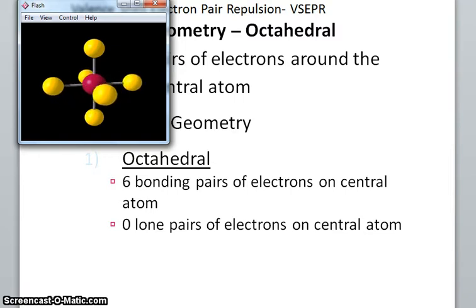And if we were to look, we've kind of got 4 sides on the top like a pyramid and 4 sides on the bottom like a pyramid, and that's where that octahedral name comes from. So if we have 6 pairs around the central atom and all 6 pairs are bonding pairs of electrons, our molecular geometry is referred to as an octahedral molecular geometry.